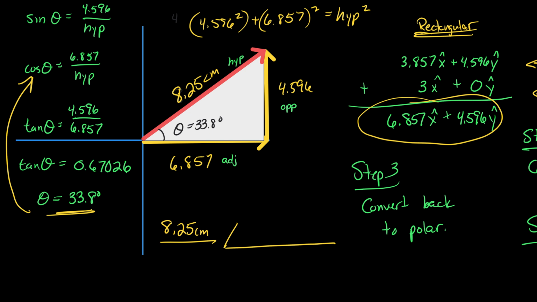So our angle is compared to east. So starting at the east, I have to move north 33.8 degrees. So we would say that our angle is 33.8 degrees to the north of the east.